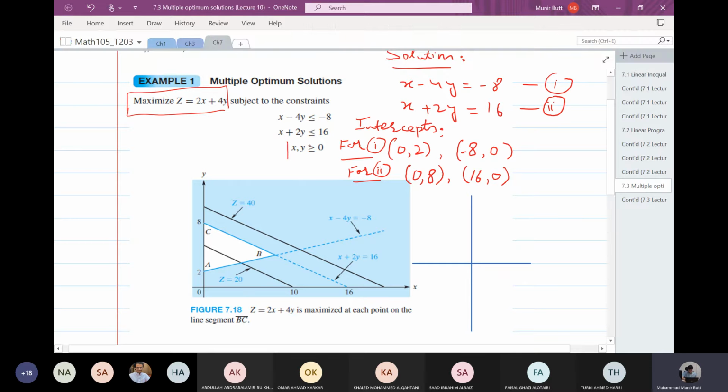Okay, so now we have to pay attention that since x and y here is greater than 0, it means that we are interested in finding all the solution in the first quadrant.